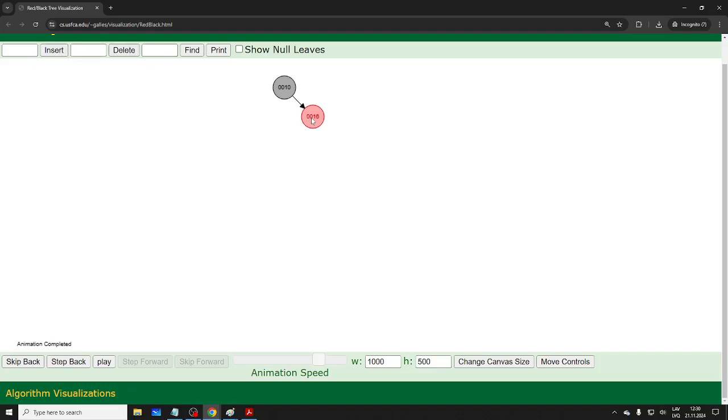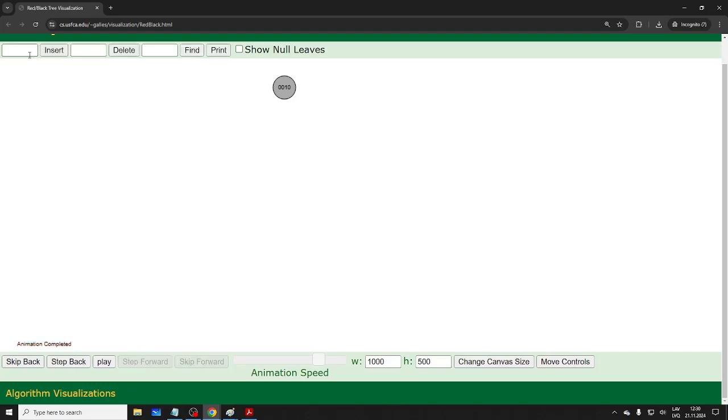So first of all, this leads to a corollary: if you find a red node and it's a leaf, we can safely delete it and nothing breaks. 16 is a leaf, so we delete it. We have to find it first. Looking at the right subtree, there it is. It's a red node and a leaf, so we can delete it.